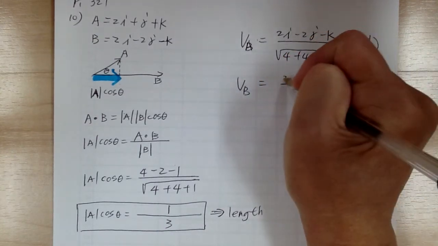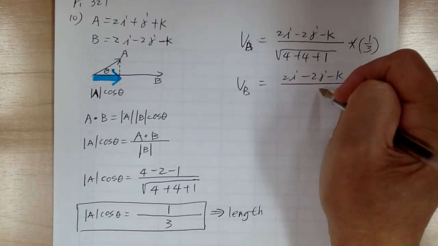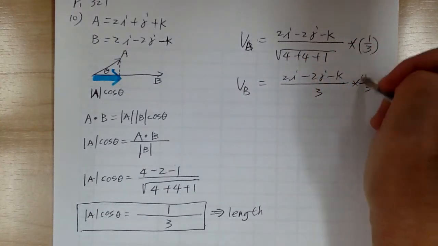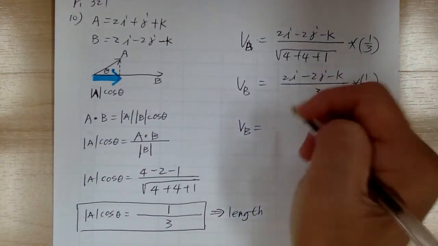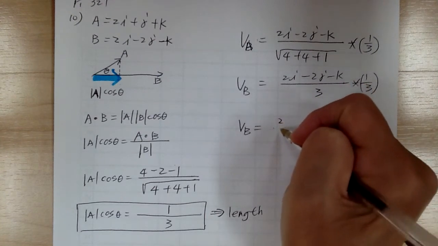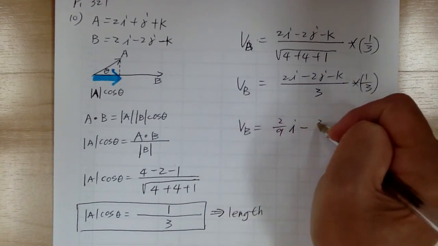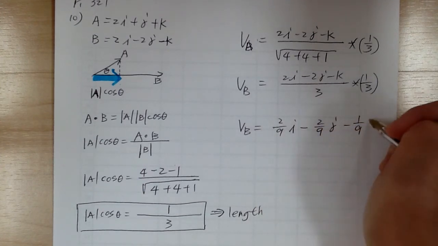So go and work it out. This will equal 3, so the vector projection would be 2 over 9 i minus 2 over 9 j minus 1 over 9 k.